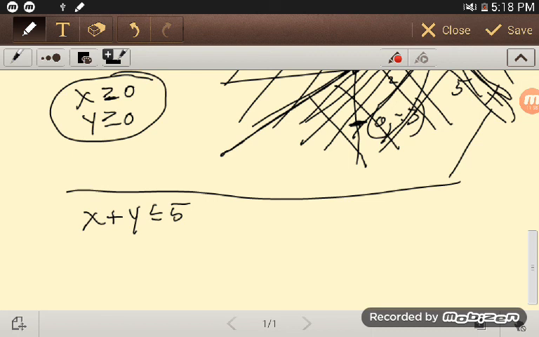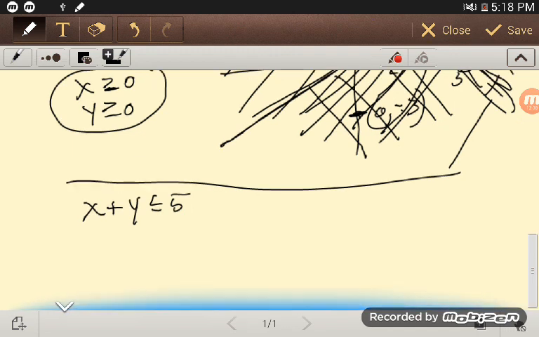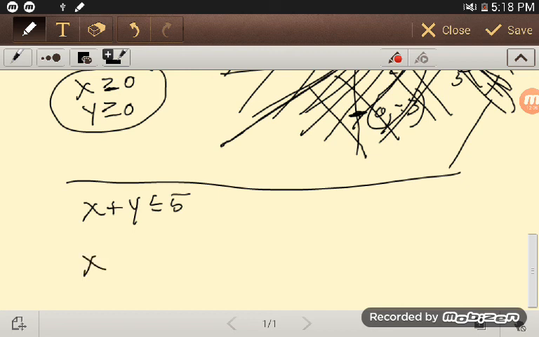So I can't have any more than 5 animals. But on the other hand, suppose in order to get a permit, I have to have at least 10 animals. And so I have that. Well, when you look at it, it seems pretty obvious. I can't do both. I can't add 2 numbers, get less than 5, and then also add those same 2 numbers and get greater than 10.